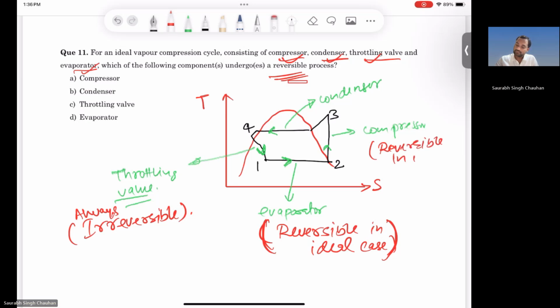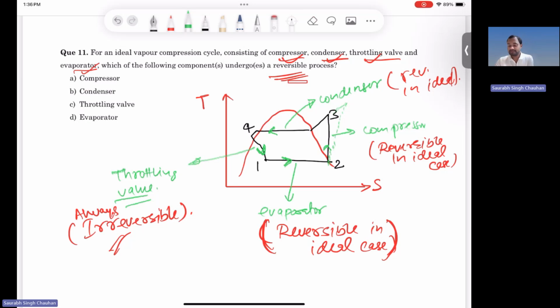This process is also reversible, but throttling processes are always irreversible. In the real case, process 2 to 3 can also be irreversible, but in the ideal case the compression process is also reversible. Only the throttling process is irreversible, and throttling is always irreversible.